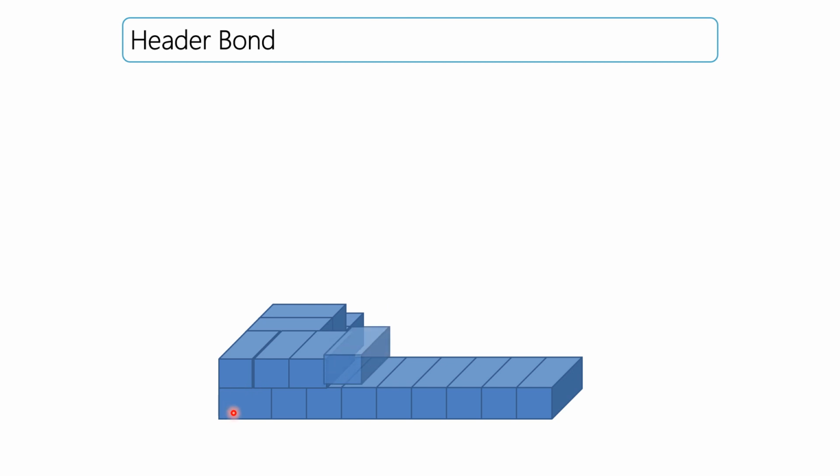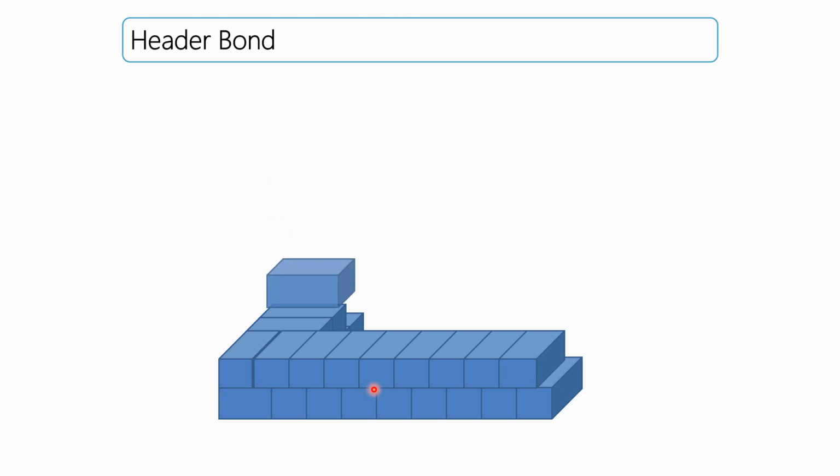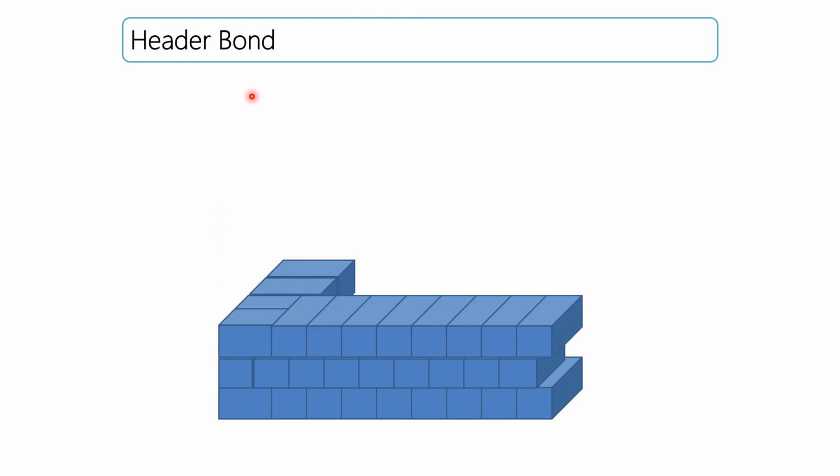By providing the bat at this position, the alternate position will be there. Now at the third layer, the bricks will be in the alternate layer. If the header face is on the front side, this is called header bond. Again, a bat is provided to make the joints at alternate positions.